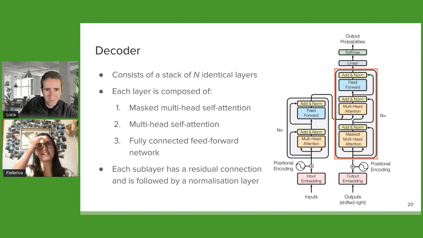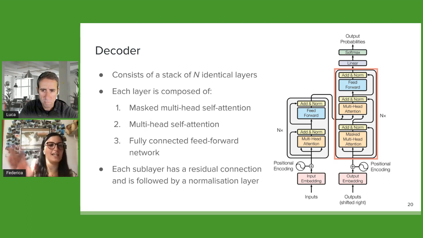The problem here is that when you are decoding, you cannot take into consideration the whole sequence or the whole sentence, because you have to learn what word is coming next. If you already know it, then you are not learning anything. So for instance, let's say the pen is on the table.